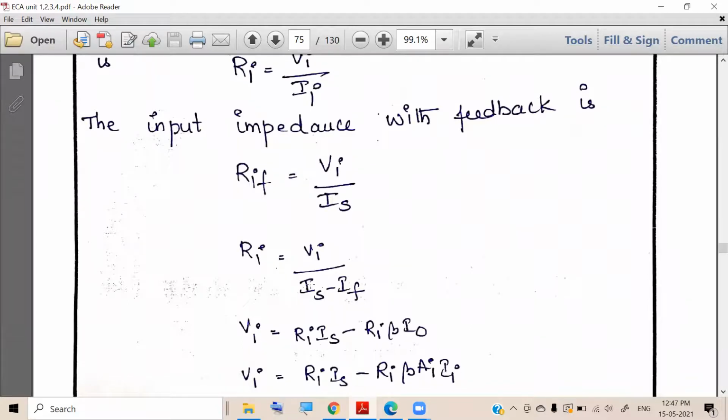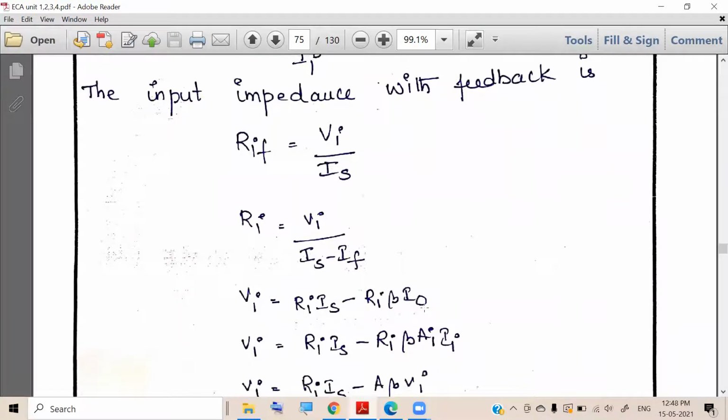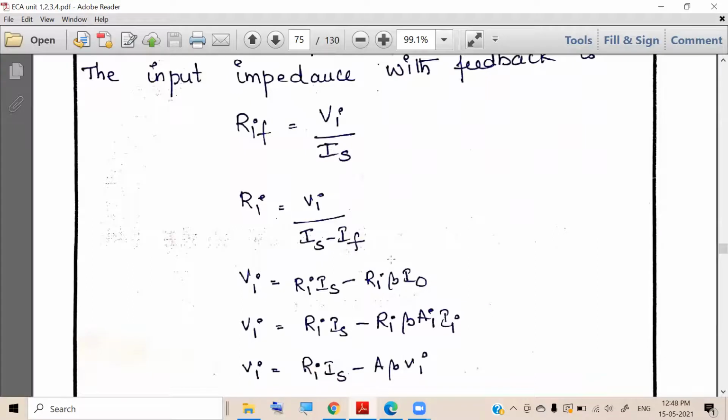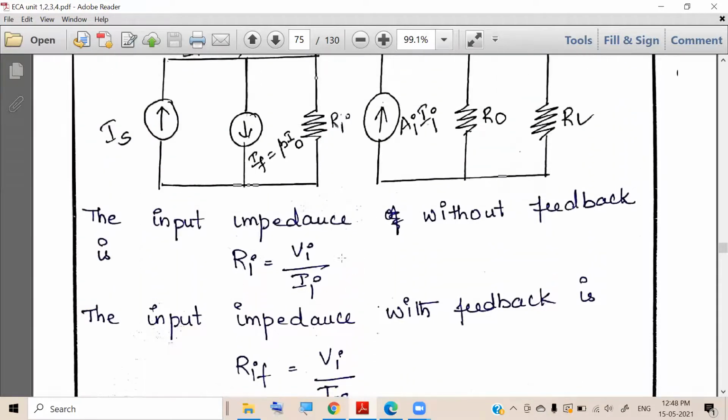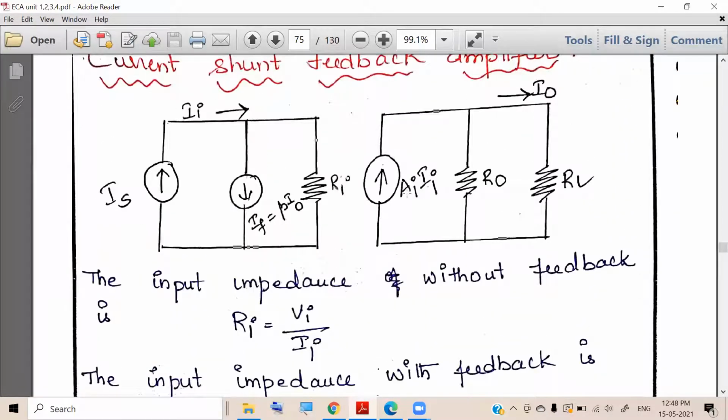What we are doing, we are cross multiplying this to the other side. So Vi is equal to Ri Is minus Ri into If. But here If is beta into Io, isn't it? So we are writing in place of If, beta Io. Then Io, in this case, for a current amplifier, you can write Io as AI into Ii.